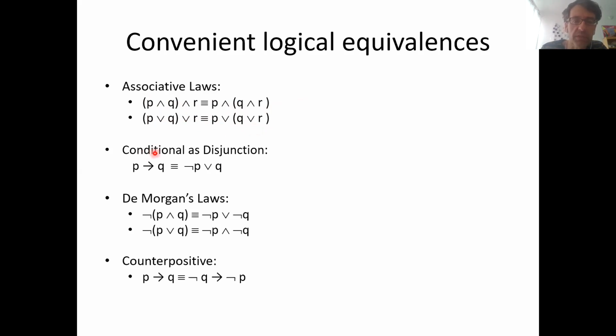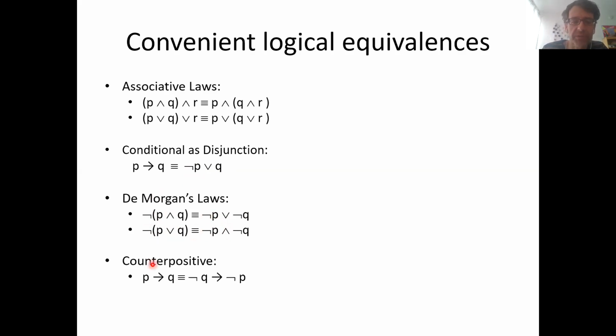So we have seen that a conditional can be expressed as a disjunction. So P implies Q can be expressed in this way, right? Either not P or Q. We have seen De Morgan's laws, right? That the negation of a conjunction is the same as the disjunction of negations, and the negation of a disjunction is a conjunction of negations, right?